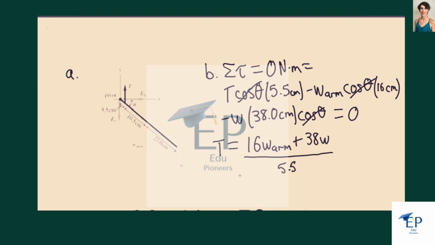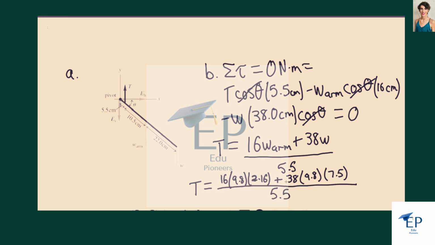And we find that T is going to be equal to 16 times 9.8, the gravity, times 2.16, that would be the mass of the arm, plus 38 times gravity, times 7.5 kilograms, the mass of the weight. And then this would be divided by, of course, 5.5.